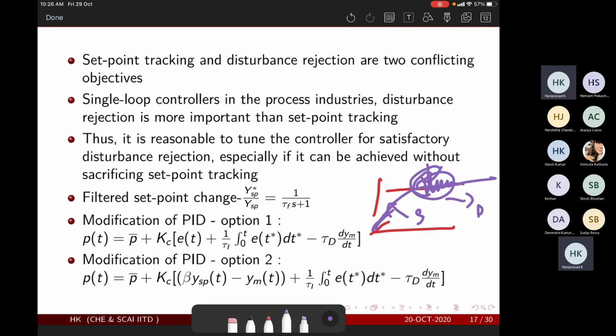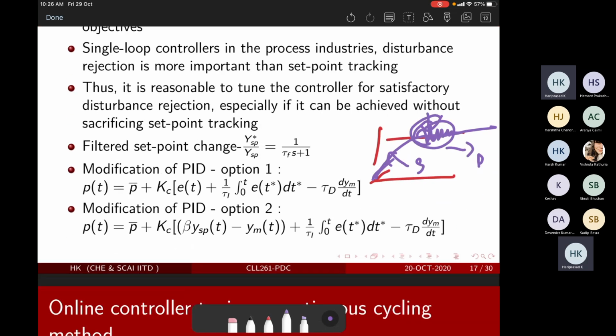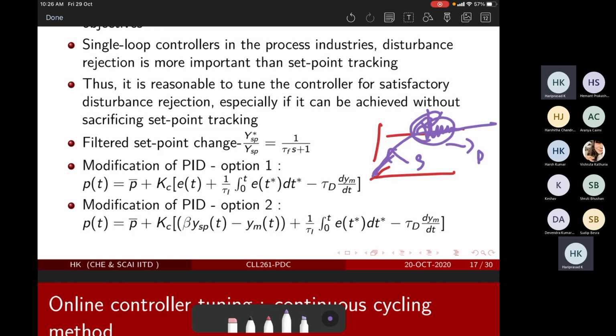It's a minor modification. What they do is, if you want to really deal with these things together, for instance, you need to track the set point and also make your disturbance rejection together. The integral term will not make a problem. The problem would happen when you have to increase your Kc to track, and during that time your Kc would be reacting very fast.